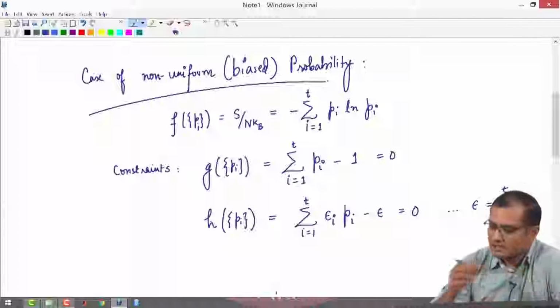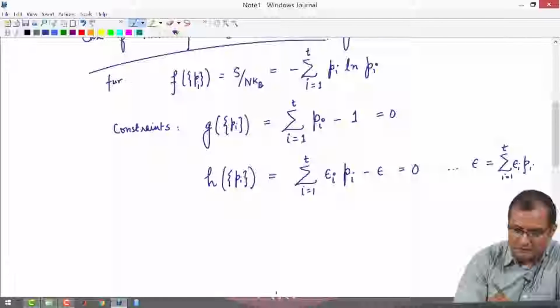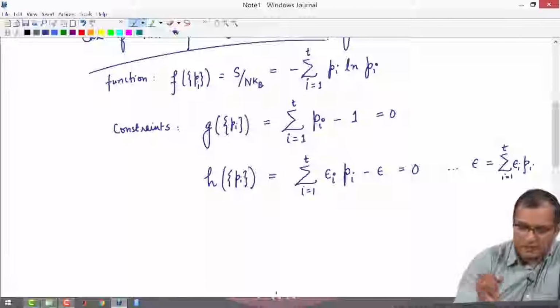I have two constraints, and I want to maximize my function, which is the entropy.